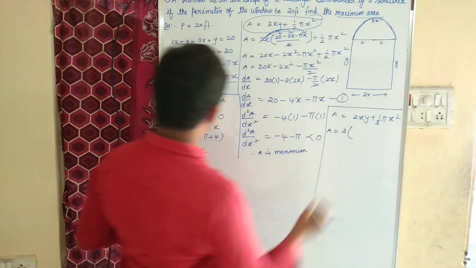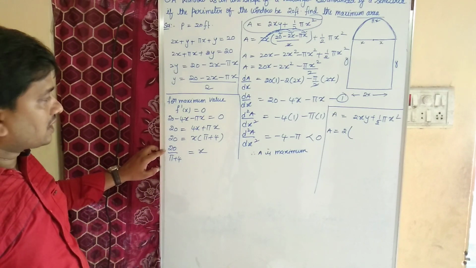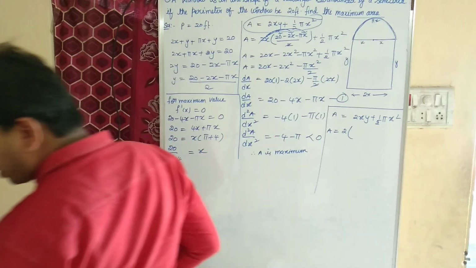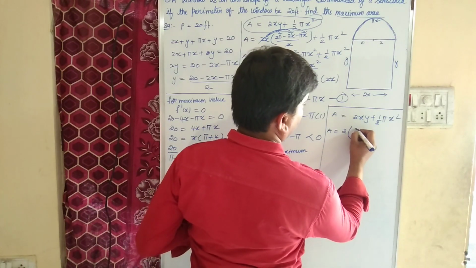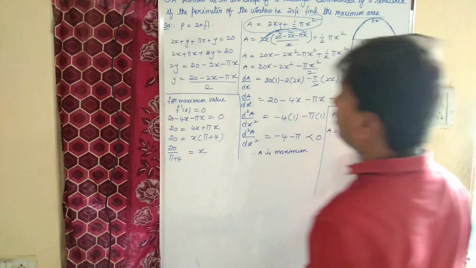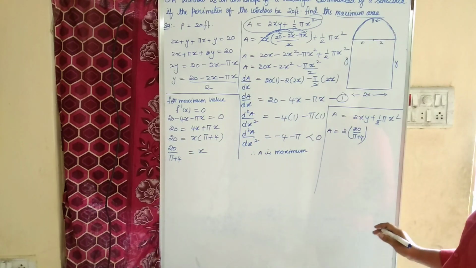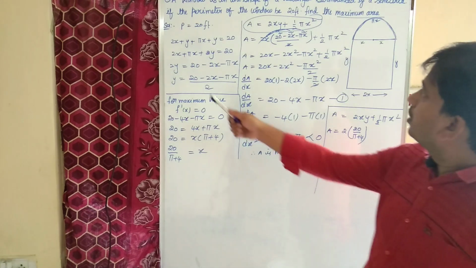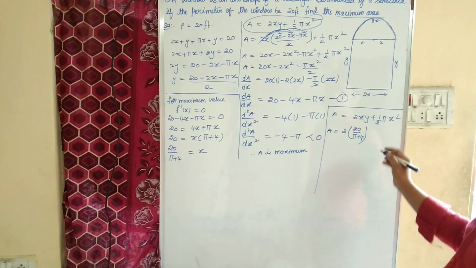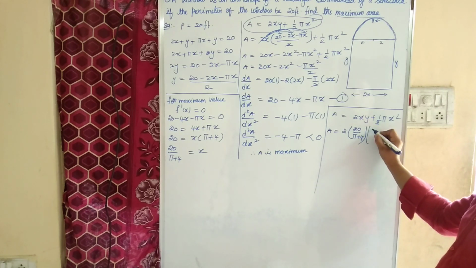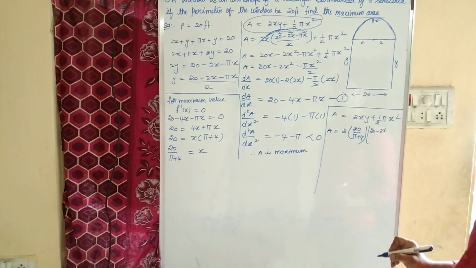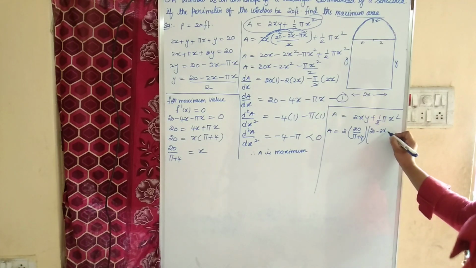What is the value of x? The x value is 20 by pi plus 4. And what is the value of y? The y value is 20 minus 2x minus pi x, divided by 2, right?